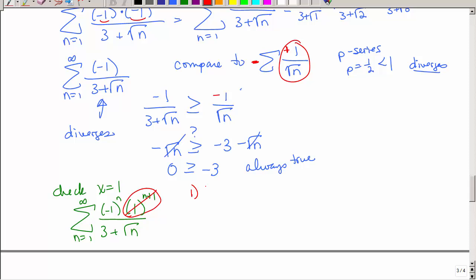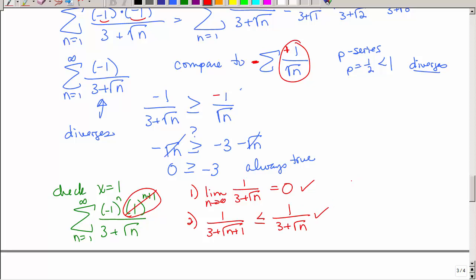So first part, does the limit as n approaches infinity, remember the non-negative part, equal 0? Yes, it does. And is it eventually decreasing, as in is 1 over 3 plus the square root of n plus 1 less than or equal to that? Yes, it is. So this converges by the alternating series test. What does that mean?